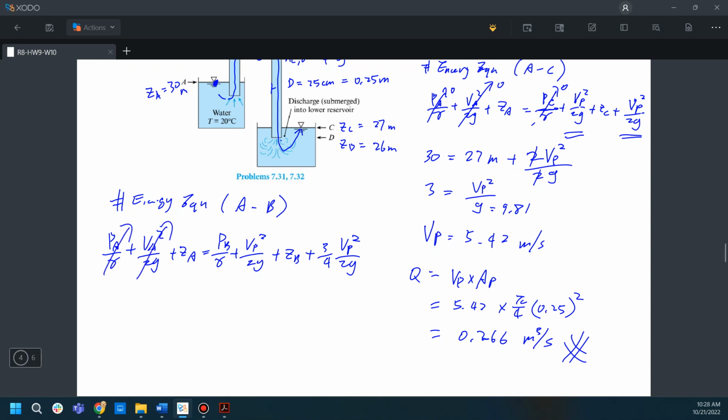Again, these two terms can be cancelled, and we already explained why. The pressure at B is what we try to solve, and we know the rest of the terms, so we just plug in the numbers.